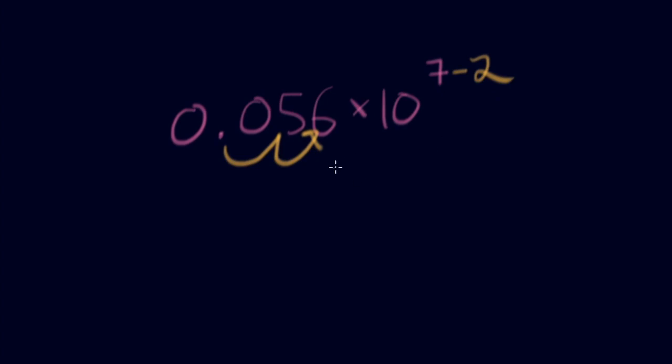So when you go to the right, you have to subtract 2. So your final answer would be 5.6 times 10 to the 5th. So do realize that you have to move those decimals around sometimes. The big thing to keep in mind is have 1 digit and then a decimal, and make sure that you're always multiplying by 10 to the something. So that just about wraps up scientific notation. We got some word problem stuff popping up, but that gives you a good basis of where to start.